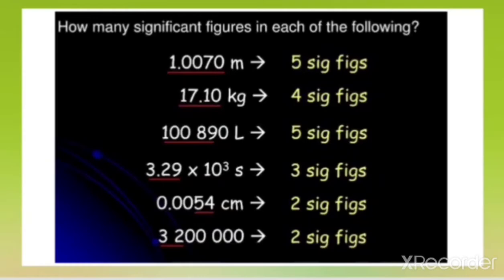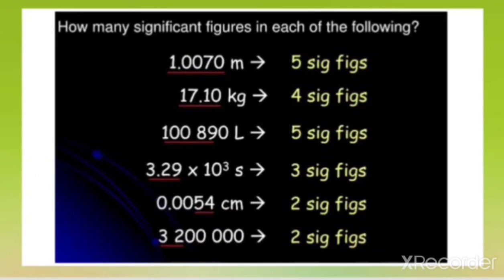In the first case, 1 is significant, 7 is significant, and these two zeros are zeros in between non-zeros, so they are significant, and the last 0 is significant because there is a decimal point and this 0 is on the right side of the significant figures. So this can be taken as a significant number. So here a total of 5 significant figures are there.